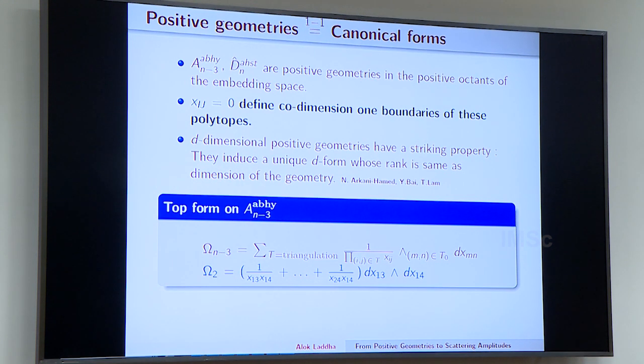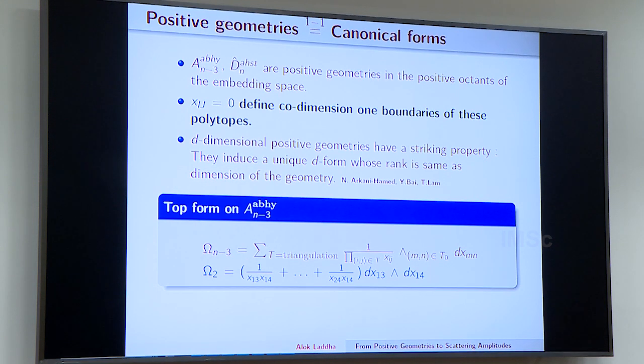As we saw, all these positive geometries live in a positive orthant of the embedding space, the Cartesian space of the Xij, and so they all have boundaries which correspond to Xij equal to 0, where ij can be any chord.